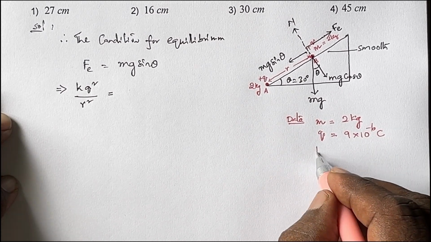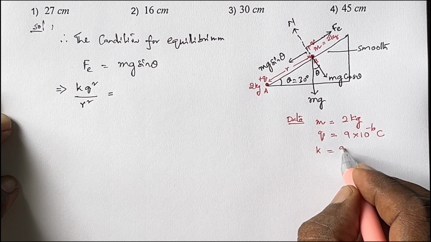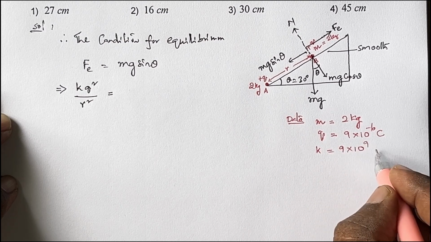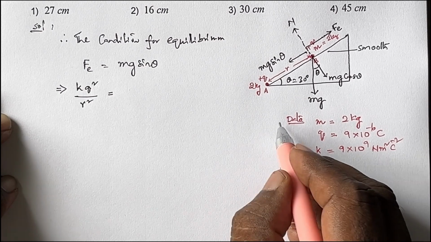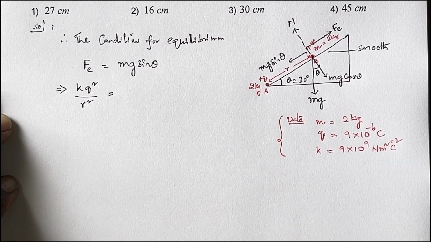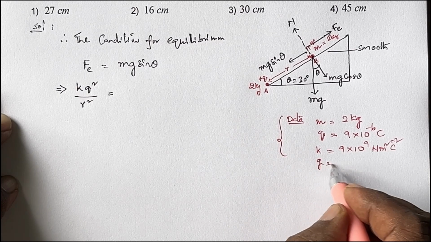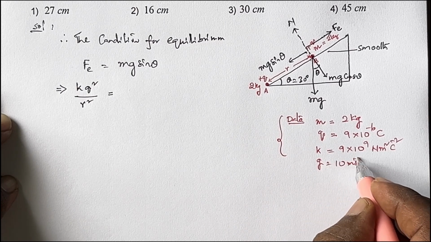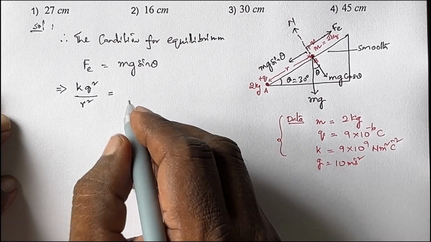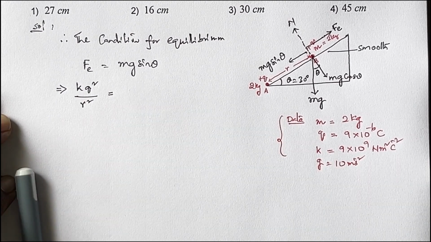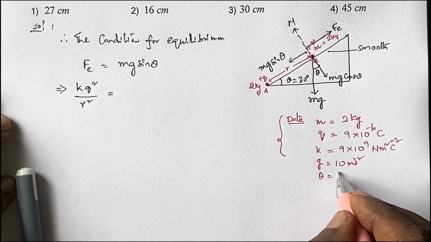The constant k, 1 by 4 pi epsilon naught, value 9 into 10 to the power of 9 newton meter square per coulomb square. So these things we know. Also we know g is equal to 10 meter per second square, acceleration due to gravity. Let us substitute all the values here. And this theta is also 30 degrees, given.